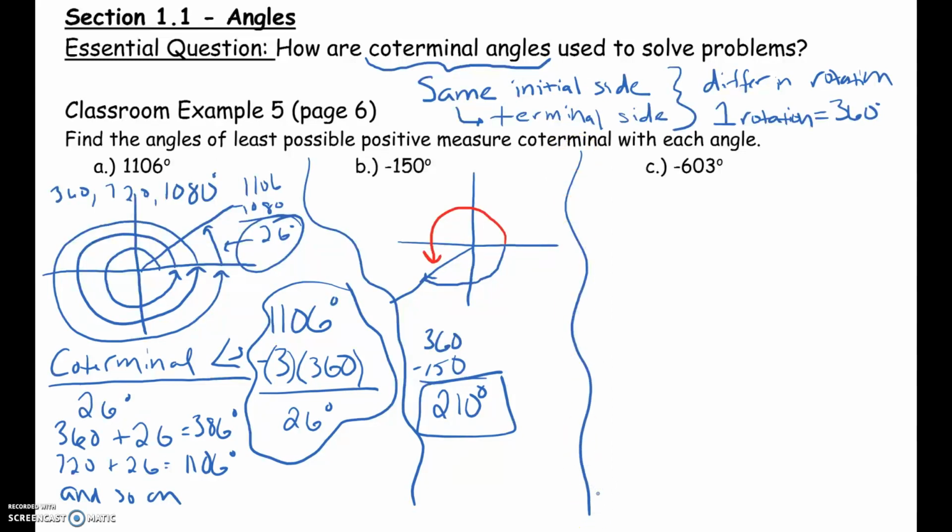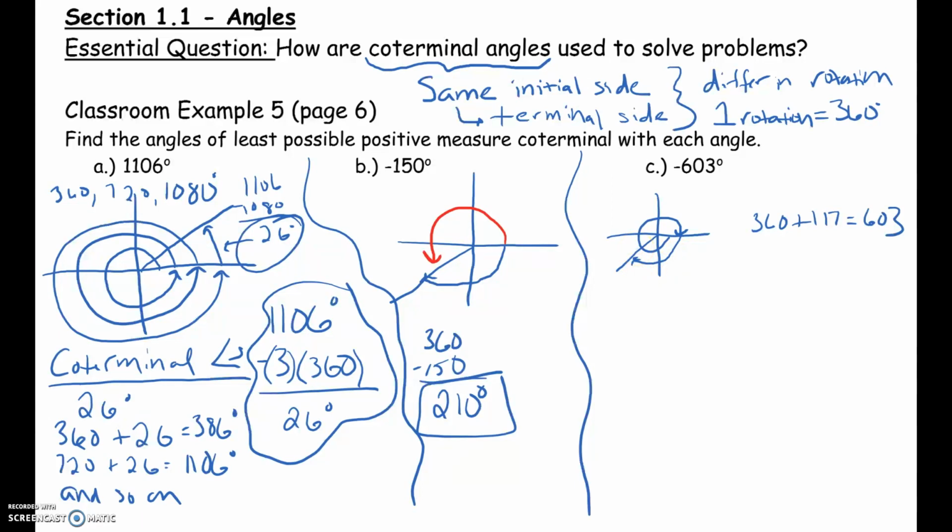Okay, so this next one is negative 603 degrees. So that's more than negative 360. Let me get a little sketch going here. If I go negative 360, I know I need 117 more degrees to get over here where I need to be, because 360 plus 117 equals 603.